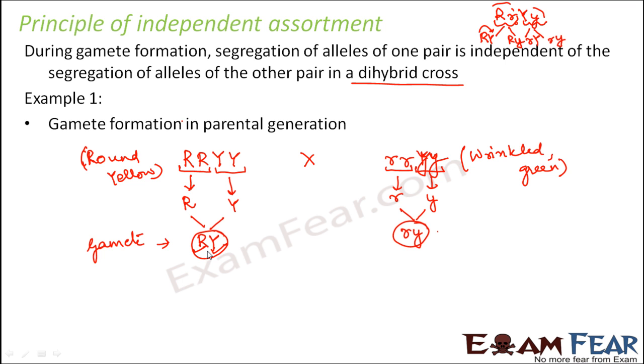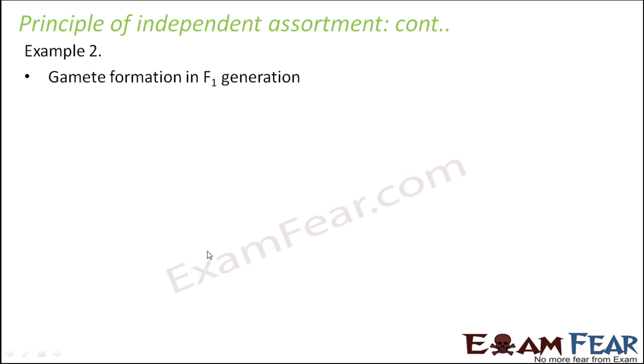So let us look at another example, that is the gamete formation in the F1 generation. So what was obtained in the F1 generation in Mendel's experiment? The F1 generation was heterozygous round and yellow seeds. So this is how it looked. This represented one trait, this represented the second trait. So the first trait has two alleles here, capital R and small r. So these alleles will segregate.